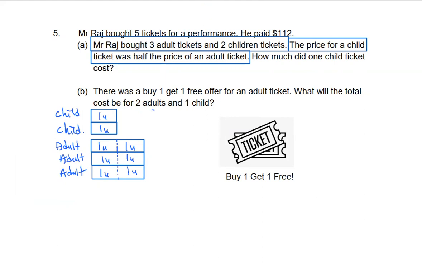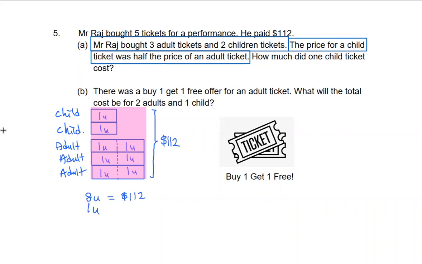All right, and in total, he paid $112. So we can see that for this $112, there is a total of 8 units. So 8 units is actually equal to 112.